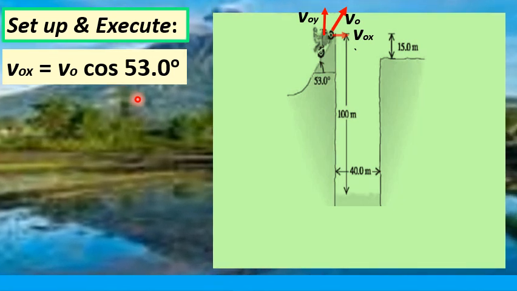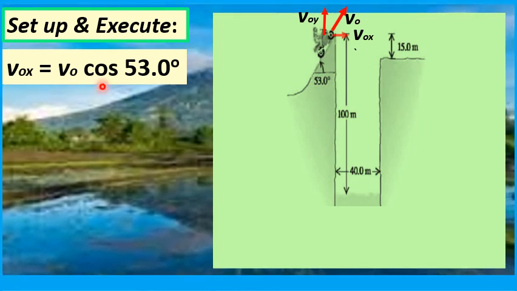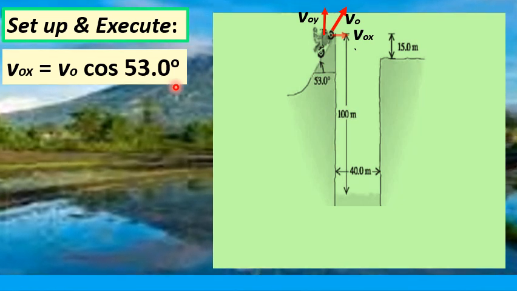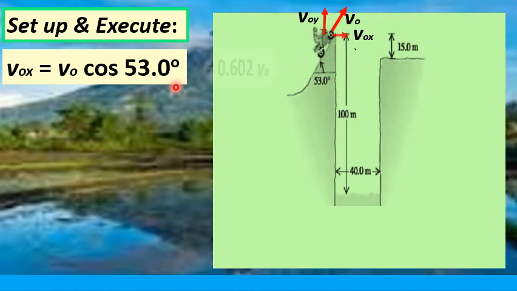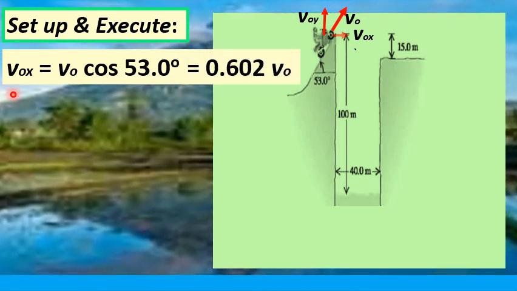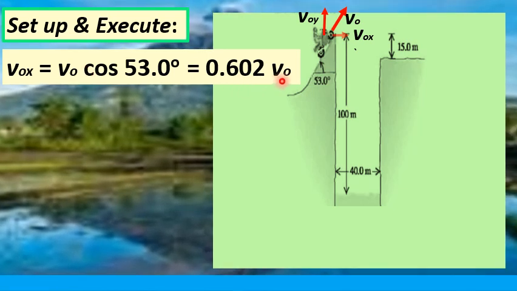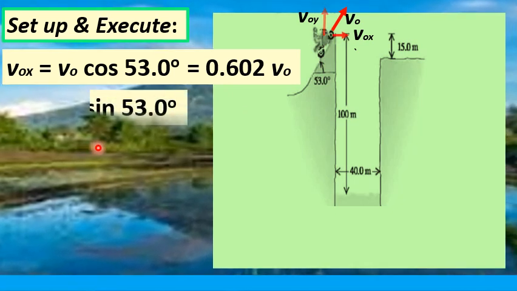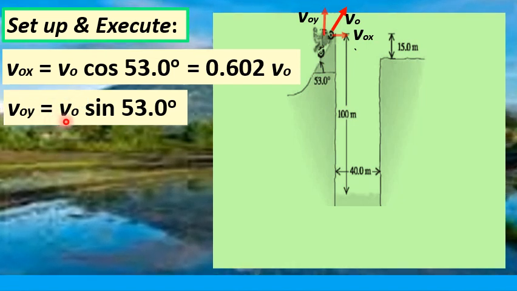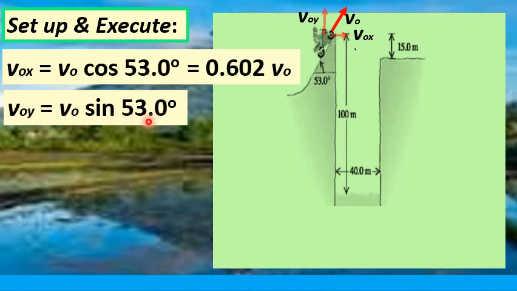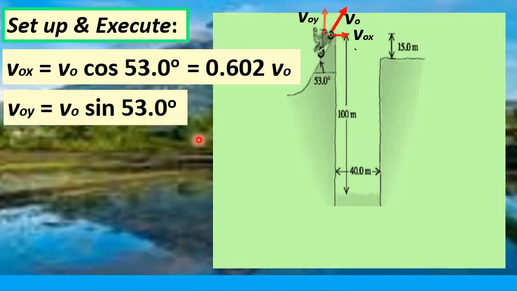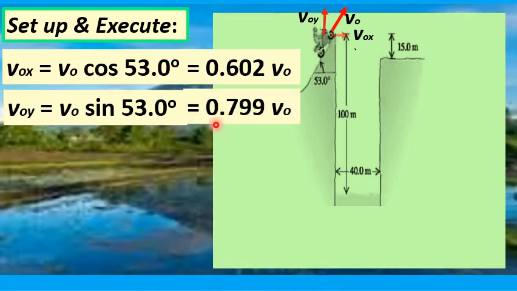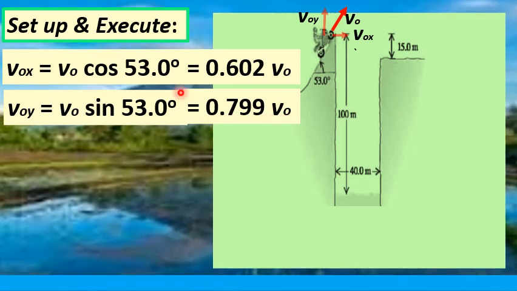The x component v0x is just equal to v0 multiplied by cosine of the angle 53.0 degrees, or that is v0x equals 0.602 times v0, and its y component v0y is just equal to the product of v0 and the sine value of 53.0 degrees, which is equal to v0y equals 0.799 times v0.